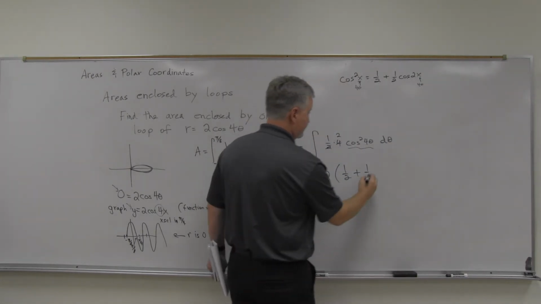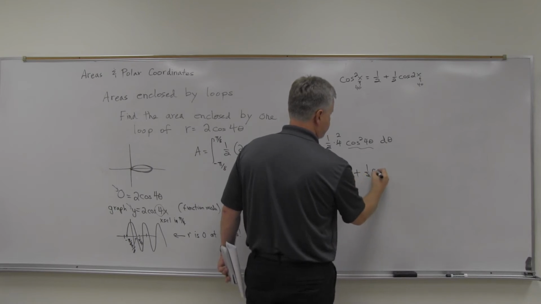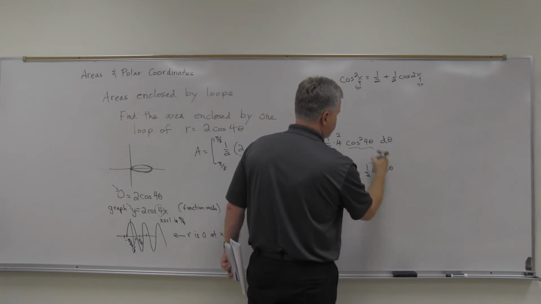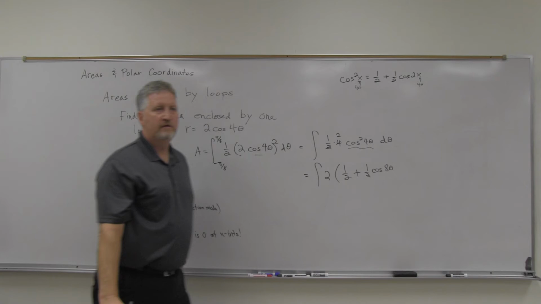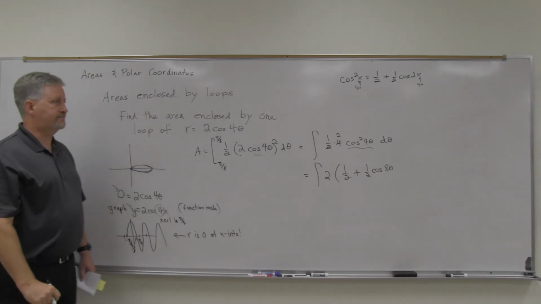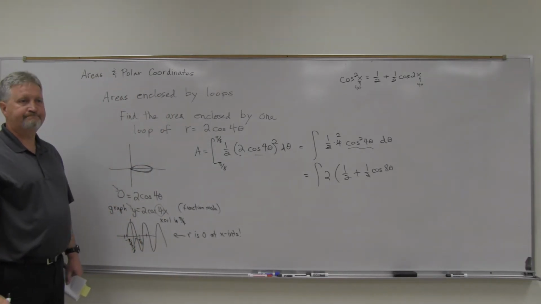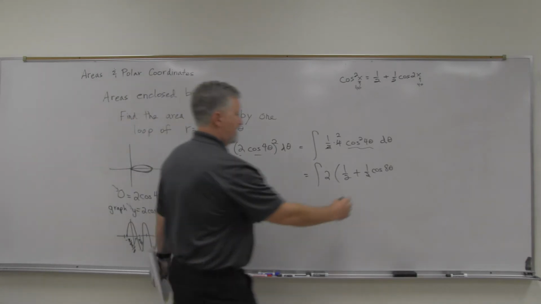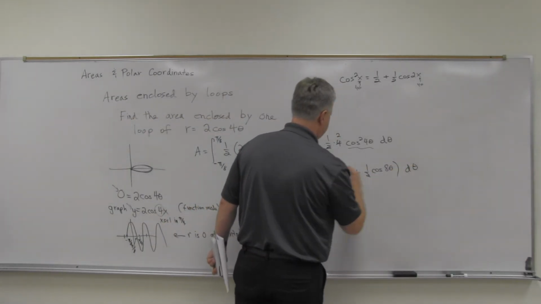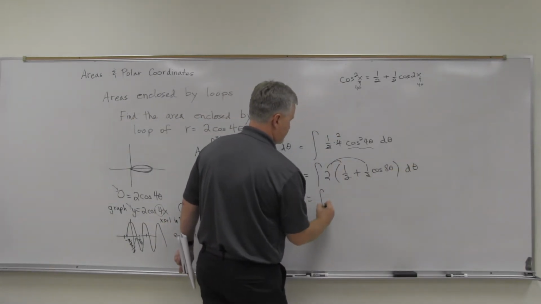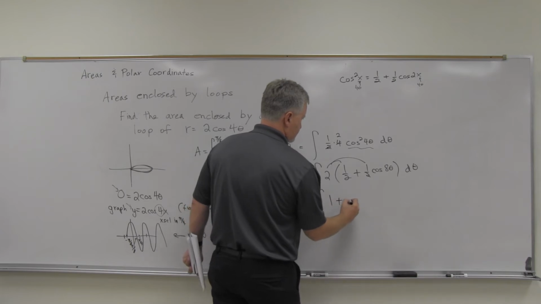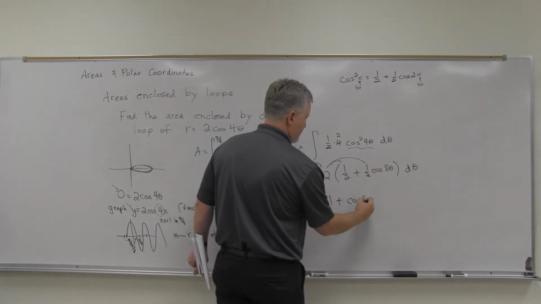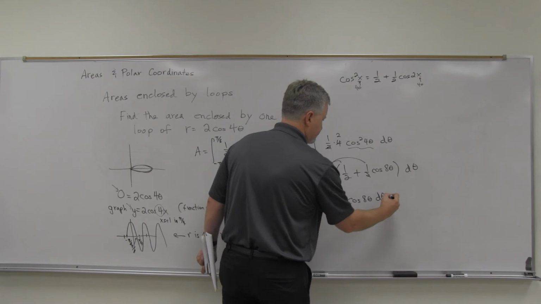It'd be 8 theta, yeah. So it's 1/2 plus 1/2 cosine 8 theta. So you do 2 times whatever that is. With me there? And so yeah, having that 2 out there is nice, because now it's just 1 plus cosine of 8 theta, right? So this wasn't too bad.